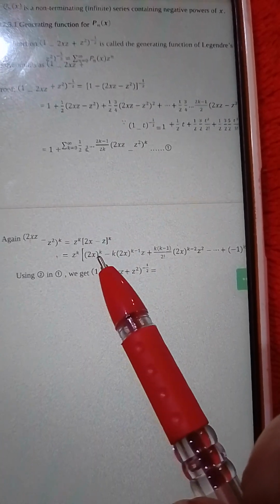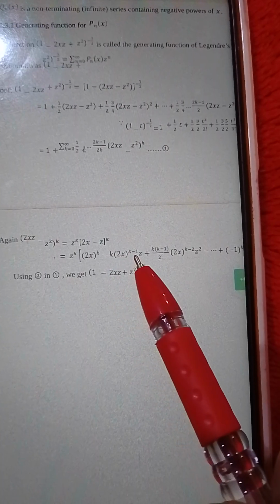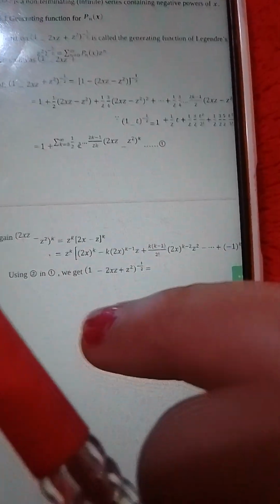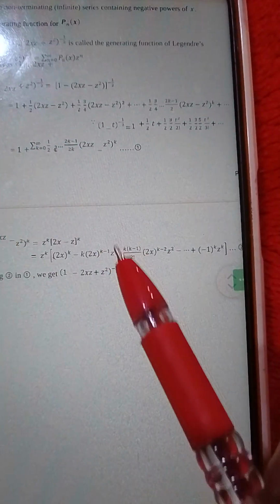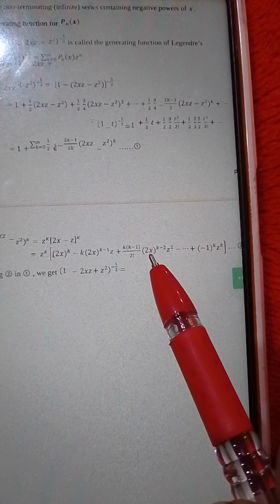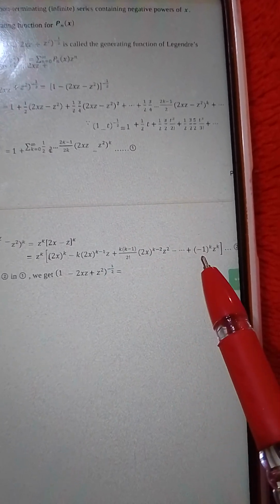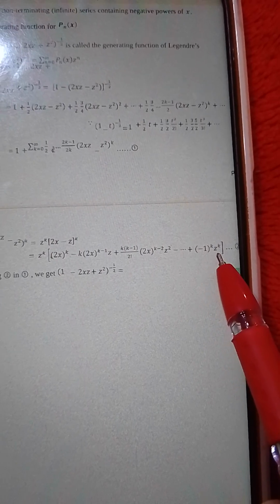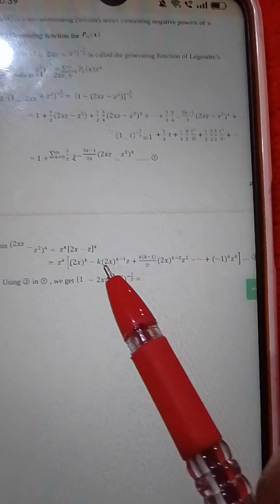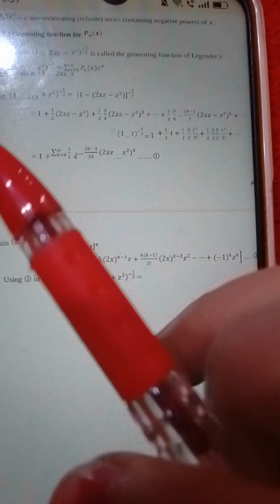What we will get? 2x to the power k minus k times 2x to the power k minus 1 z, like this, then k(k minus 1)/2 factorial, 2x to the power k minus 2 z square. So our last term will be minus 1 to the power k, z power k. So this is our second and this is our first equation.